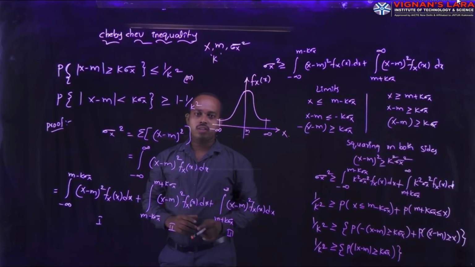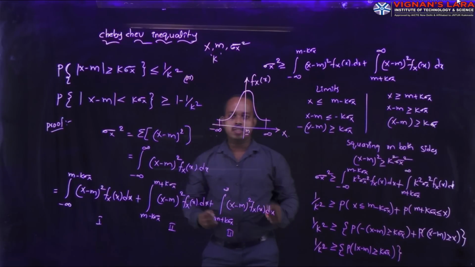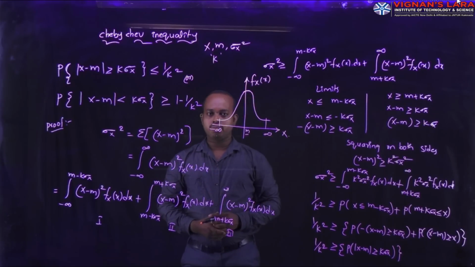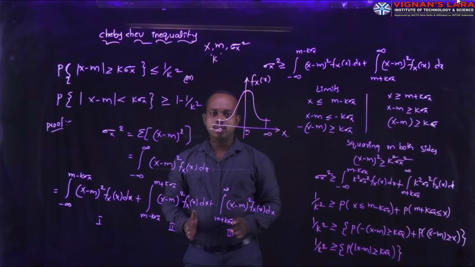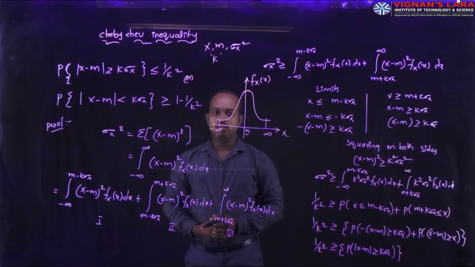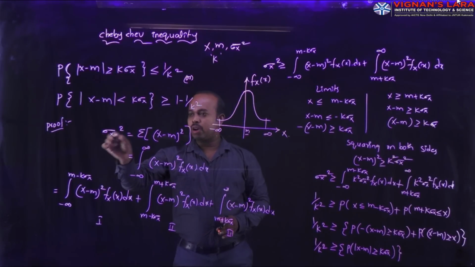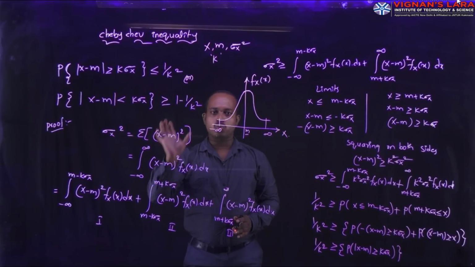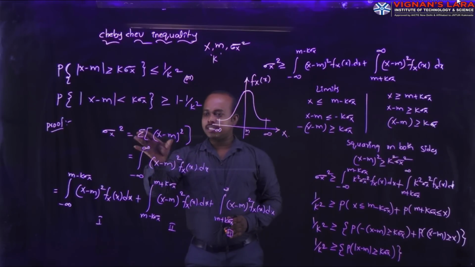To obtain this derivation, we consider the fundamental definition of variance. For a continuous random variable, we know that the second central moment of a random variable is called the variance. Based on that, the variance sigma_X squared is equal to the expectation of (X minus m) whole squared, the second central moment.